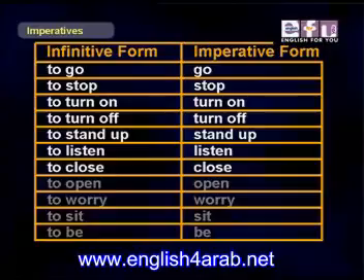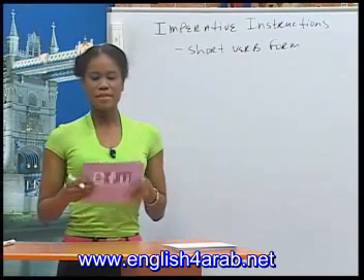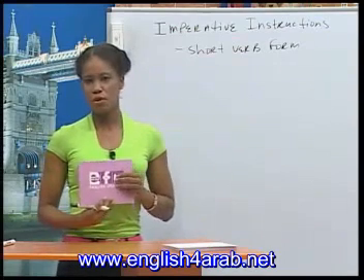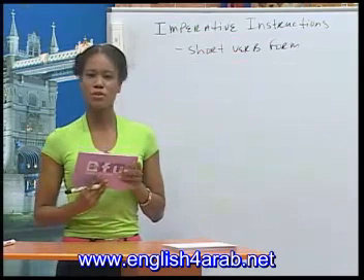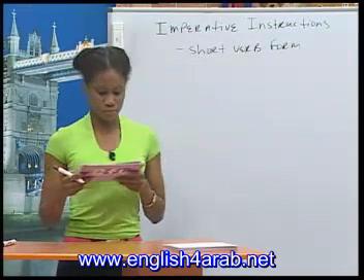To close, close. To open, open. To worry, worry. To sit, sit. To be is be. So the imperative form of the verb is the same as the infinitive form, but without the word to at the beginning. Now let's practice.